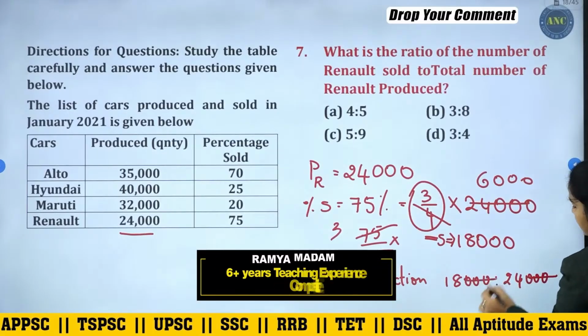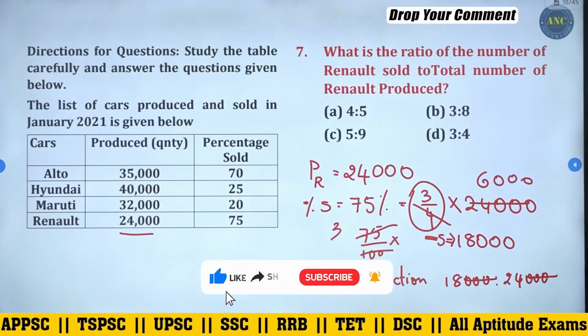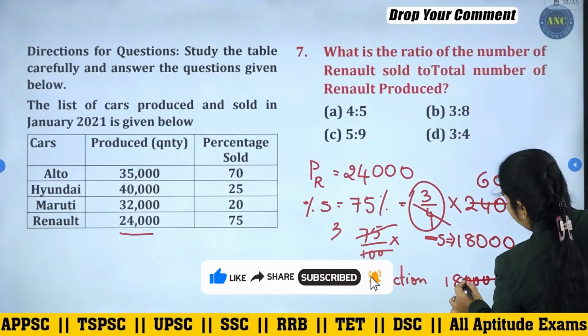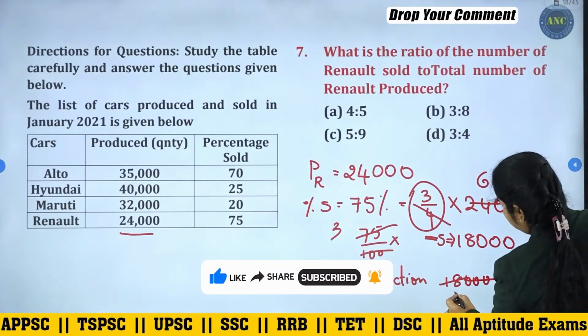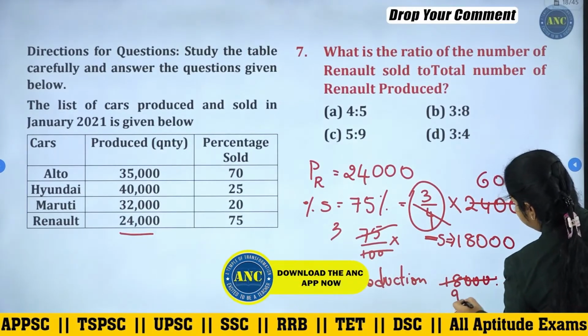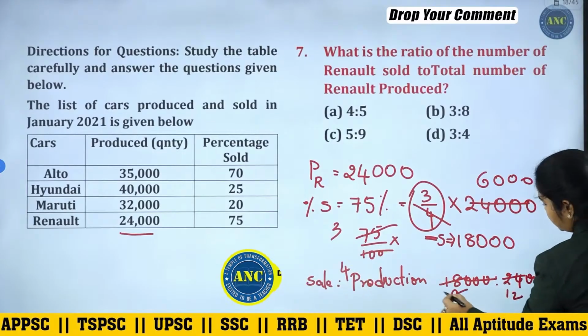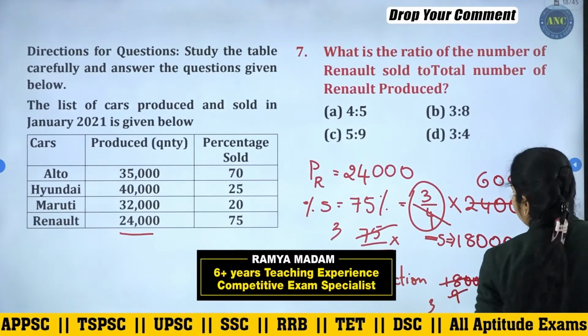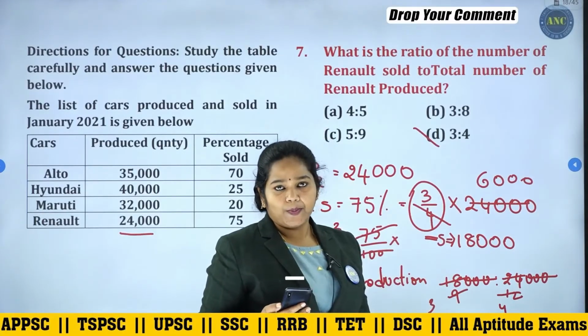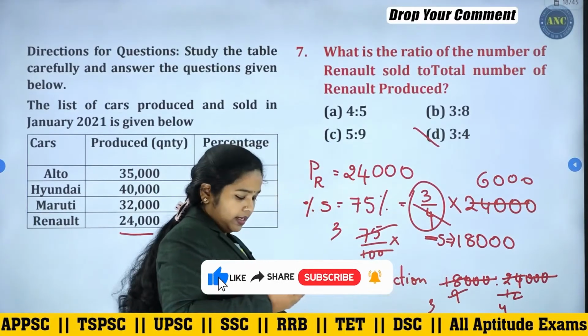So, can we simplify this? 3 9s are 18? No. 2 9s, 2 12s. So, 3 3s are 9, 3 4s are 12. Fine. So, it is 3:4. Option D is the correct answer. Yes. Is this clear?